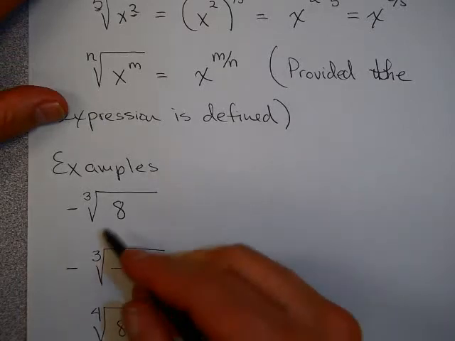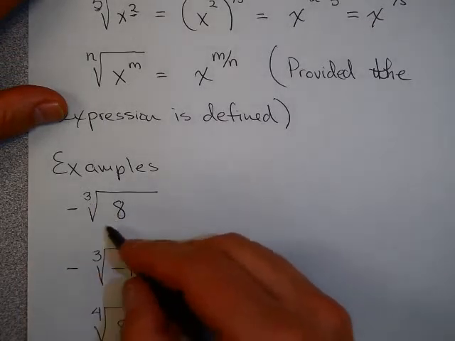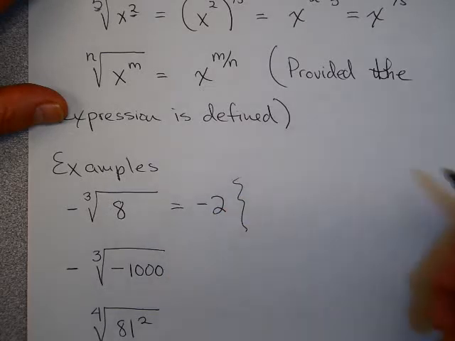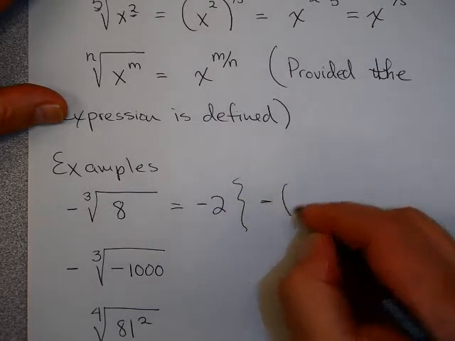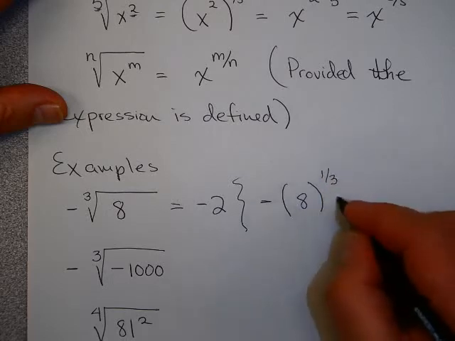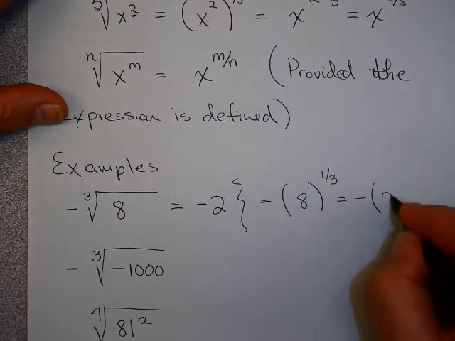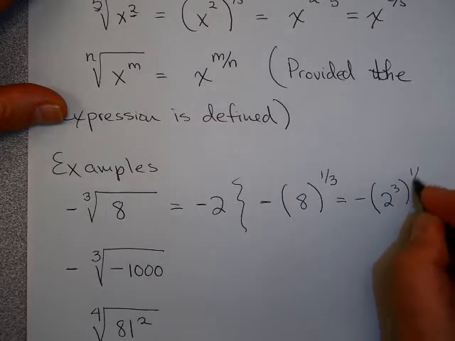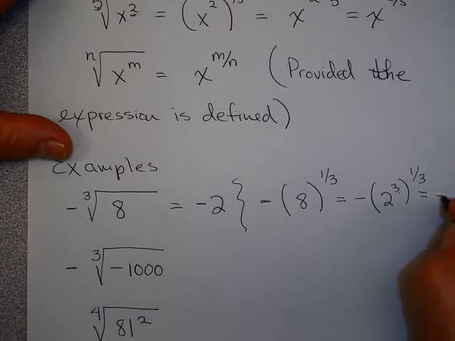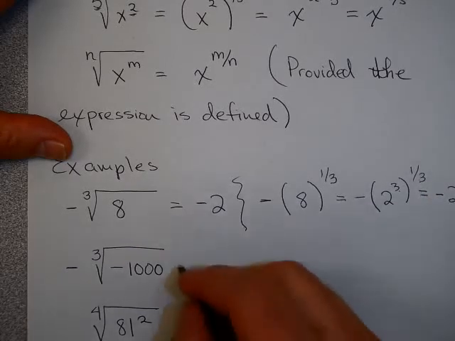Now, everybody knows the cube root of 8 is 2, so this answer is -2. But just to show you, you can think about this as 8 to the 1/3. And 8 to the 1/3 is 2 to the 3rd to the 1/3. Now, that 3 times 1/3 gives me 1, and that gives me -2.